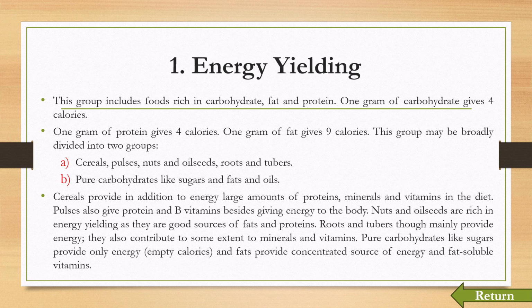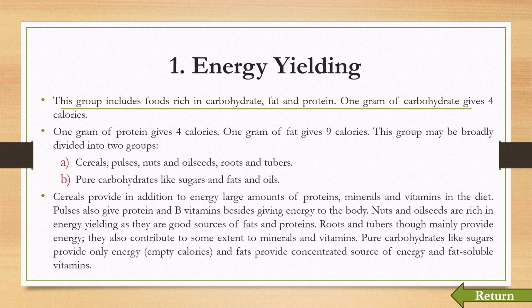These foods are divided into 2 groups: cereals, pulses, nuts, oilseeds, roots and tubers. They provide energy along with proteins, minerals, and vitamins. Pure carbohydrates and fats, such as sugars, oils, and butter. These mainly provide energy, often called empty calories.